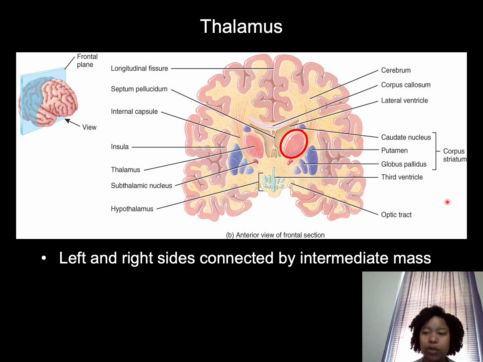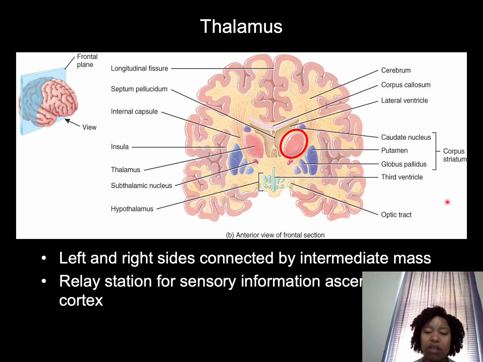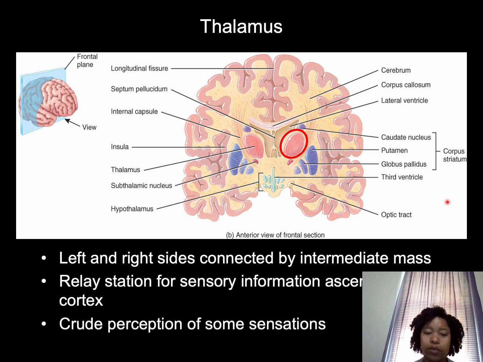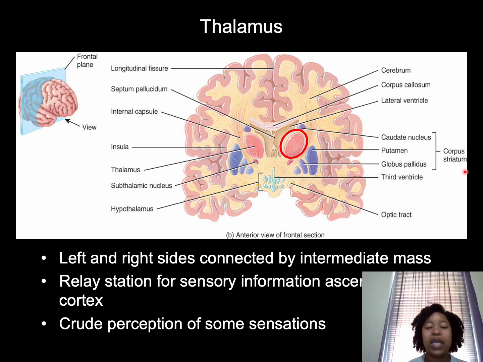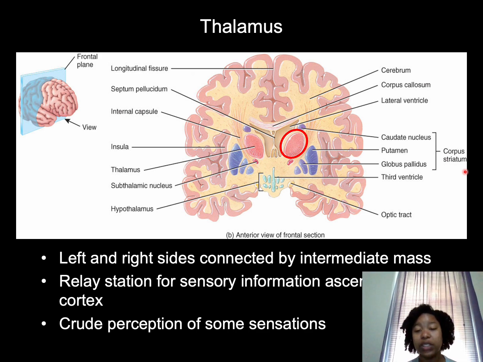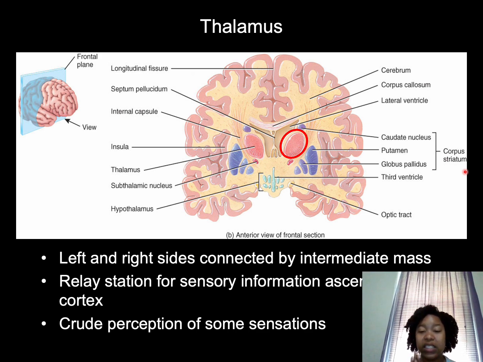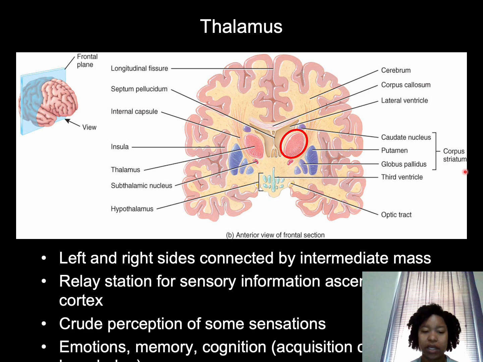So speaking of your thalamus, there are left and right sides that are connected by an intermediate mass. You see you've got your left and right sides, and they're connected in the middle by an intermediate mass. Your thalamus serves as a relay station for information that's ascending up to the cortex. So this is involved in crude perception of some sensations.